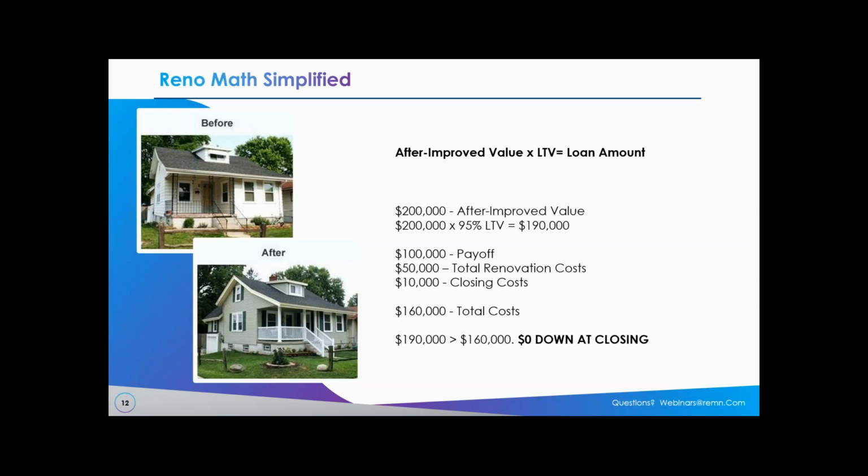But since our payoff is only $100,000 and our total renovation costs are only $50,000, and even our closing costs are only $10,000 for a total cost of $160,000, we can essentially come to the table with no money as a borrower. We have enough value there after improved so that this borrower doesn't have to bring a dime down, and they're doing $50,000 worth of renovation costs. So that's huge.